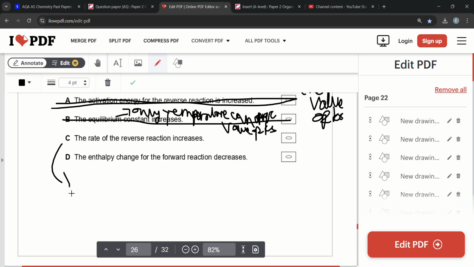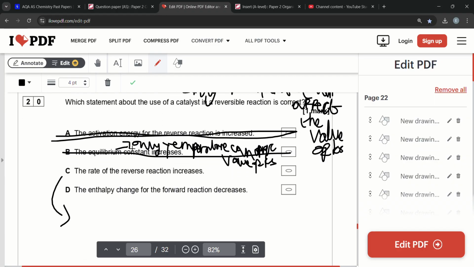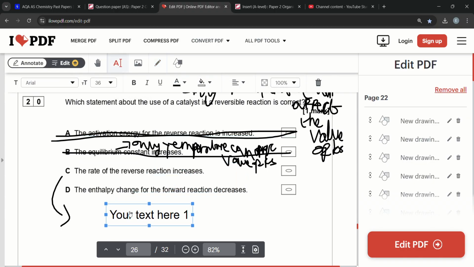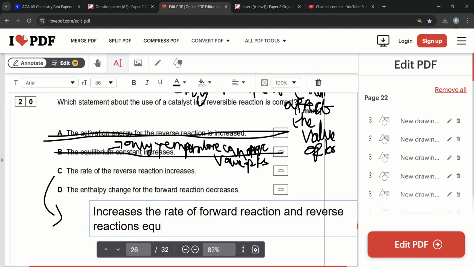However, a lot of students would think of the mark scheme, where a lot of the time the use of a catalyst increases the rate of forward and reverse reactions equally, hence no effect on equilibrium yield.